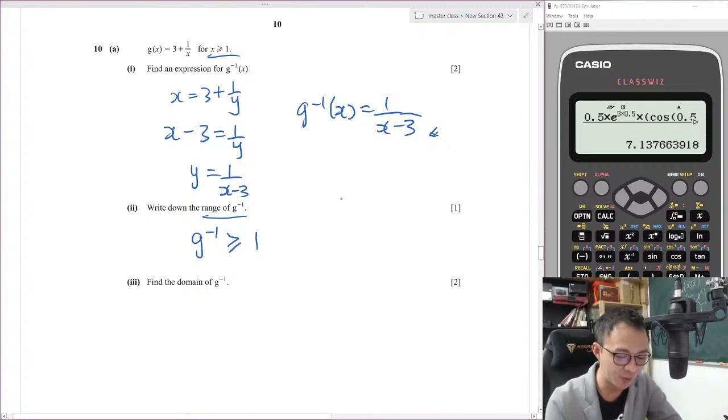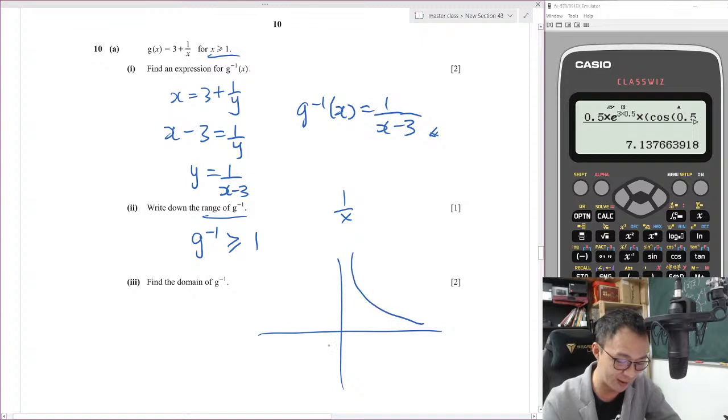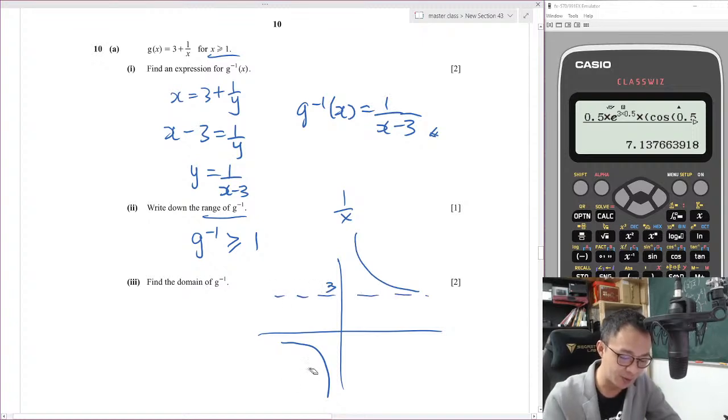Because 1 over x is easier for us to do, I just find the range from gx. So 1 over x, your graph will look like this, and then plus 3, the whole graph is going to shift up by 3 here. So this one will be like this.